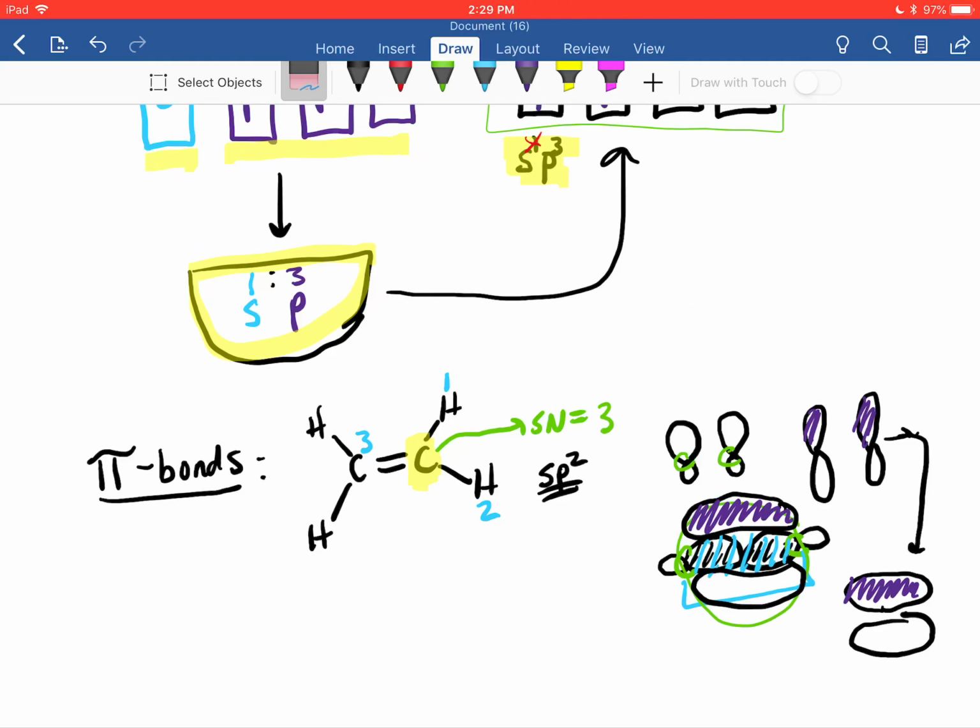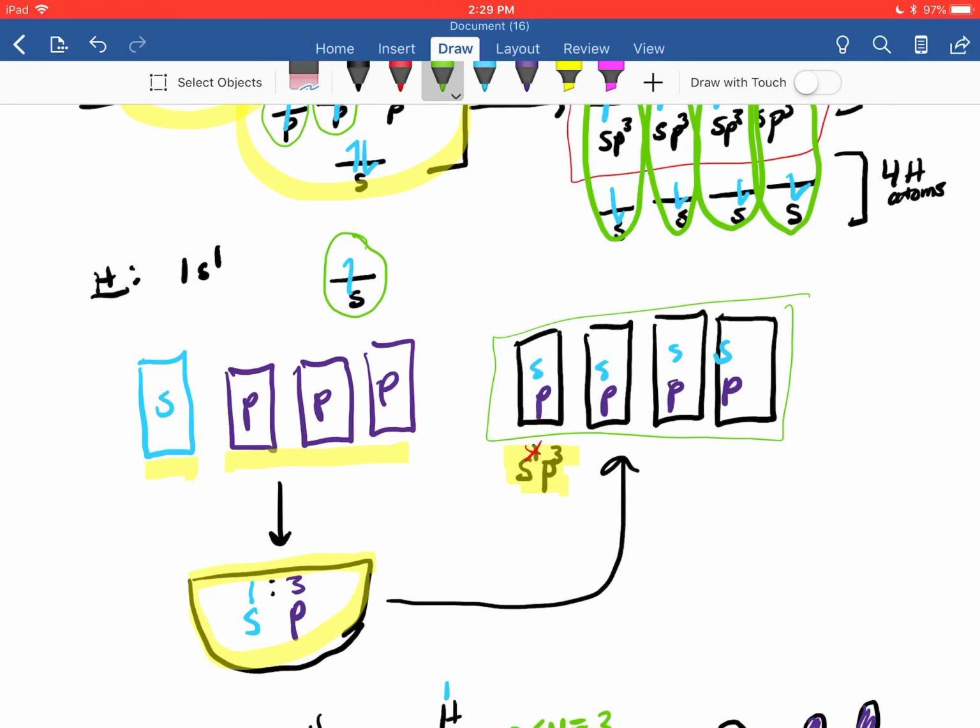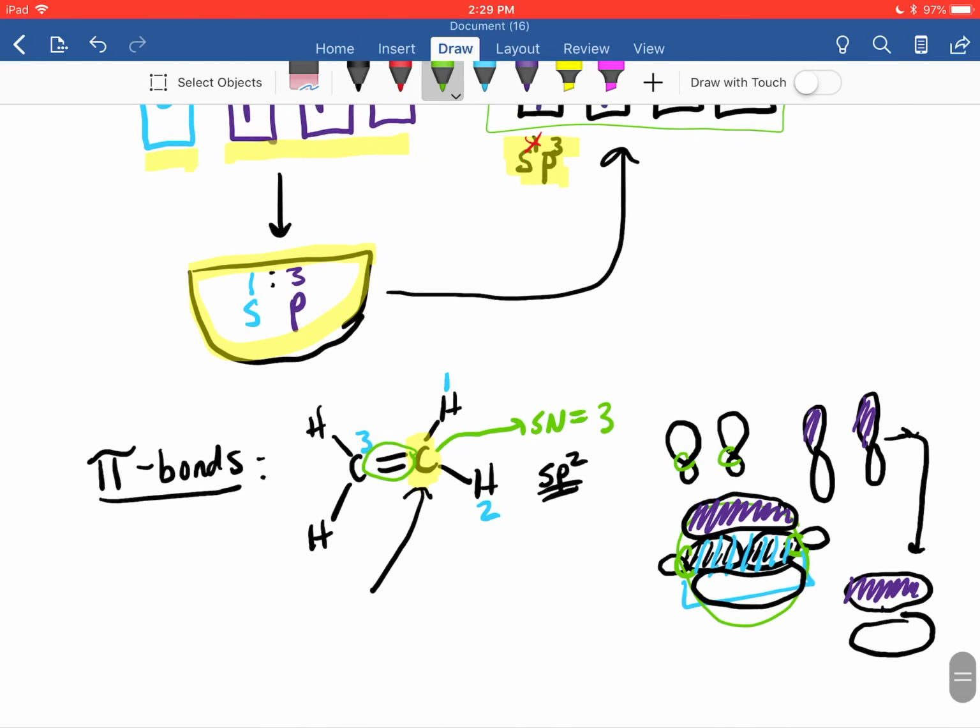So what that means is every time you form a pi bond, you need to take one p orbital out of the orbitals to which you can hybridize. So let me clarify that a little bit. This carbon here needs to form a pi bond to its adjacent carbon. So it needs to reserve one p orbital to form that pi bond. And so in order to do that, initially it has an s and 3 p orbitals.